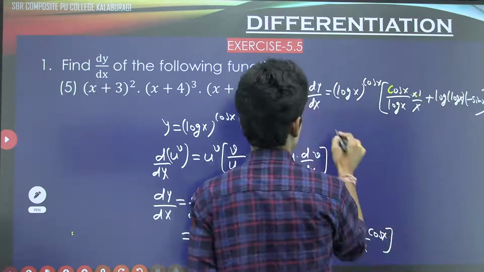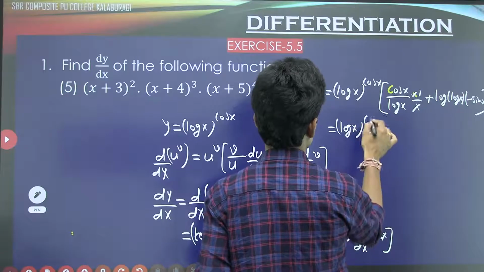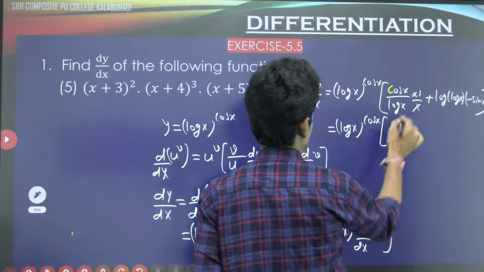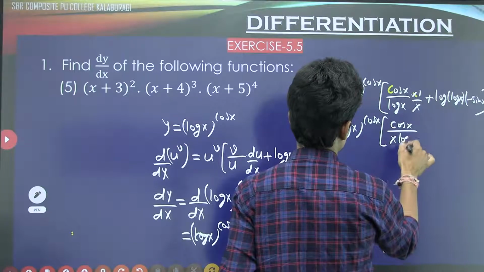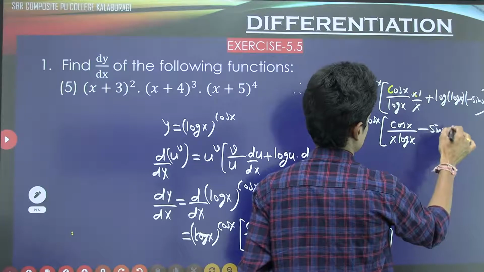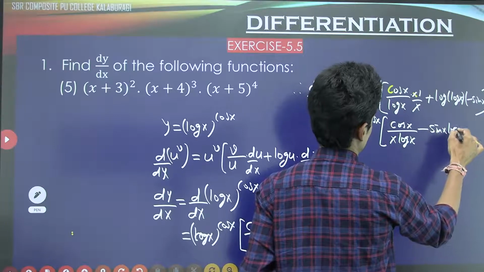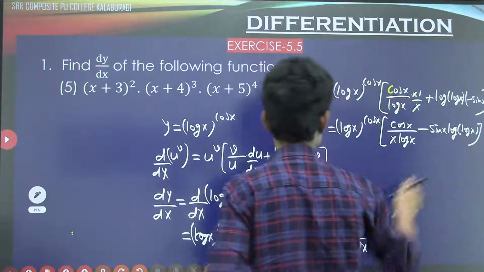Close the bracket. The last step: (log x)^(cos x) times [cos x divided by (x log x) minus sin x times log(log x)]. I hope you understood.